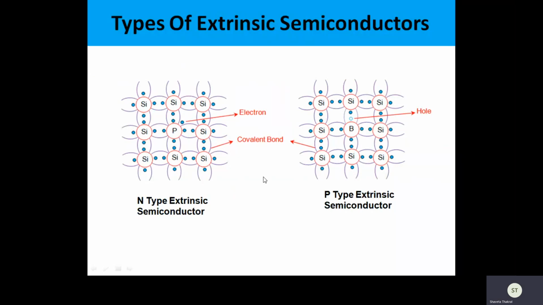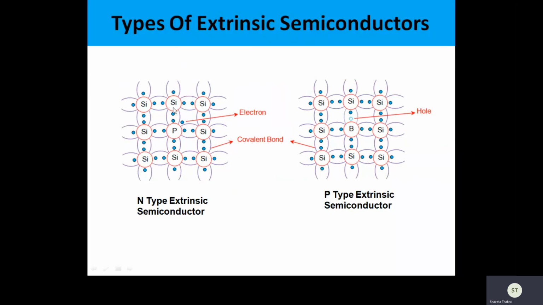Here we have shown the n-type extrinsic semiconductor and the p-type extrinsic semiconductor. In this case, the silicon is doped with phosphorus impurity, which is the case of pentavalent impurity. And in this case, silicon is doped with trivalent impurity, and we have taken the case of boron. In the case of the pentavalent impurity phosphorus, the outermost shell has a total of 5 electrons.